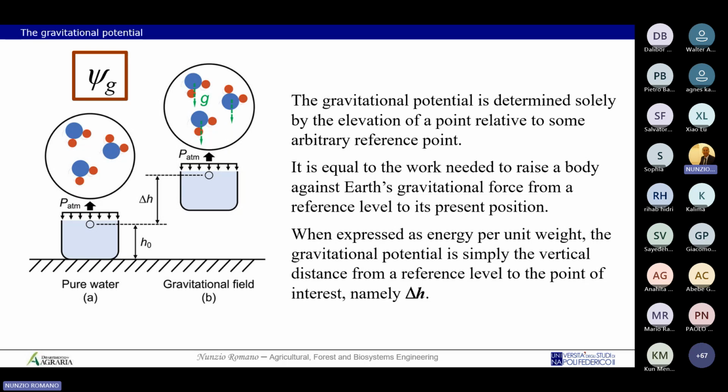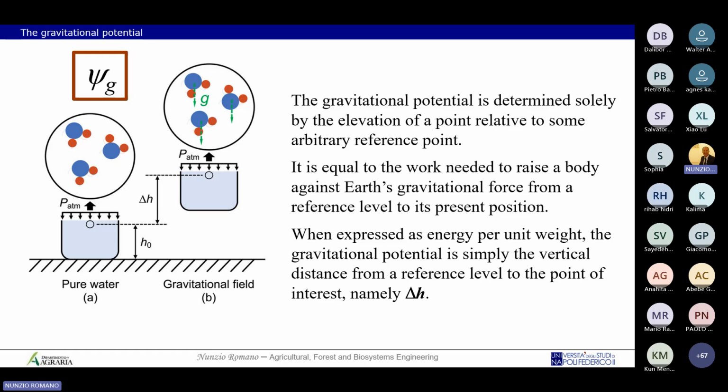And I remind you that this potential is energy. Energy is equivalent to a work. We will see later that we can refer this gravitational energy to the unit weight of water. This is very useful.